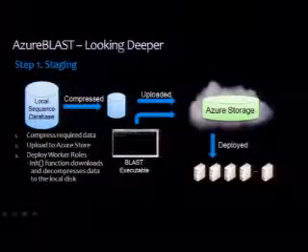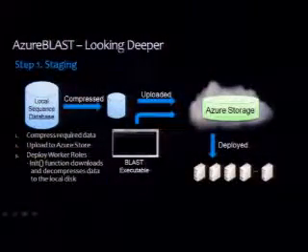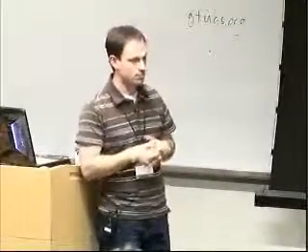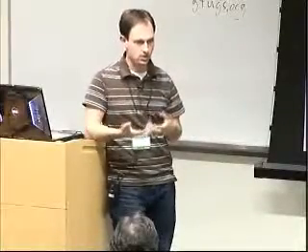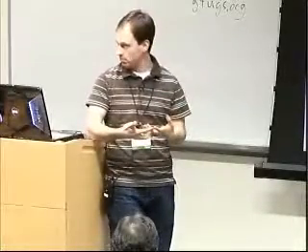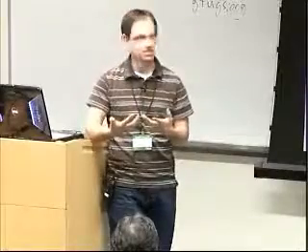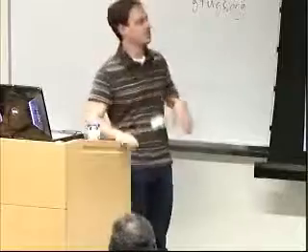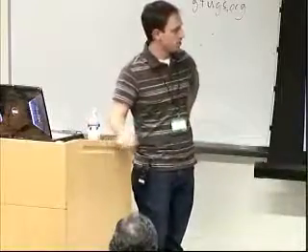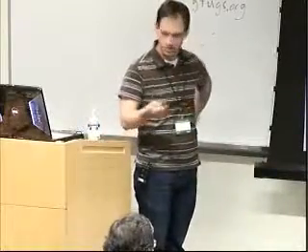So let's talk about how these work. Azure Blast is staged. You have a worker role, and this is a very typical pattern inside of Azure. You have an initialization function, and a step where the program is deployed.